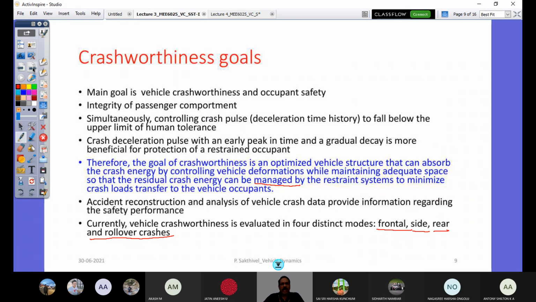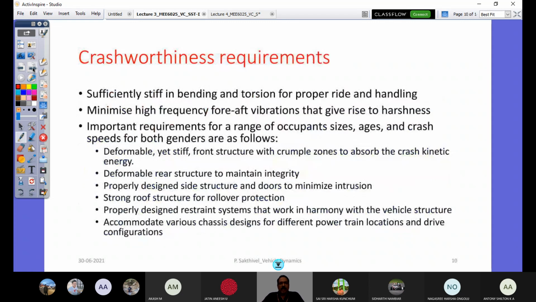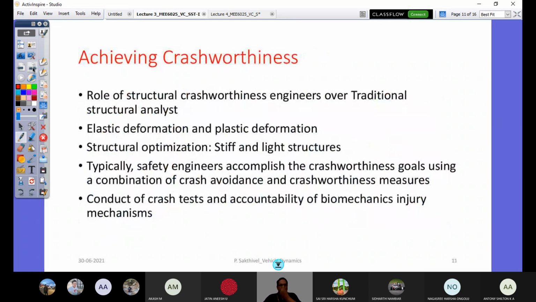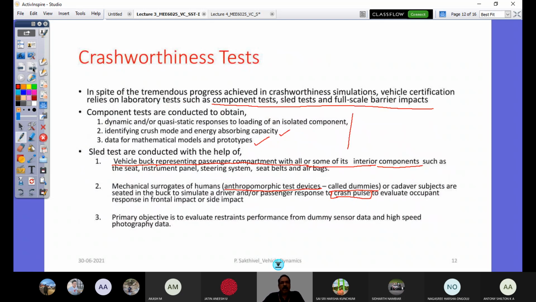And what are the crashworthiness goals and requirements? How can we achieve this crashworthiness? And what are the different crashworthiness tests? We just looked at the types and got an initial idea of them. They can vary from laboratory component-level tests to a full frontal barrier test.